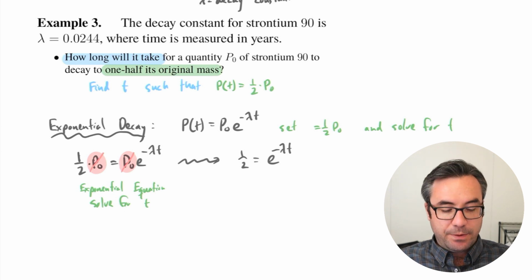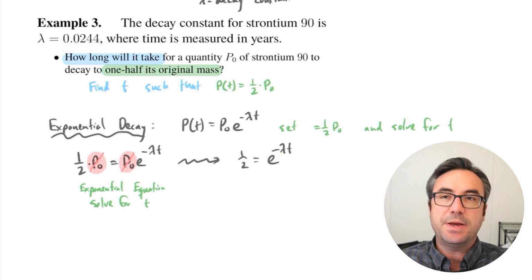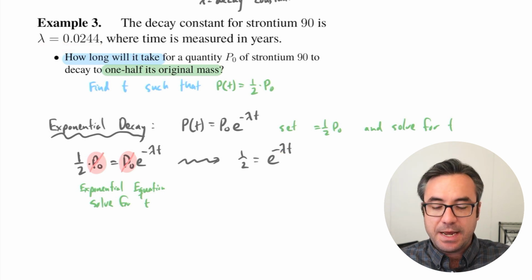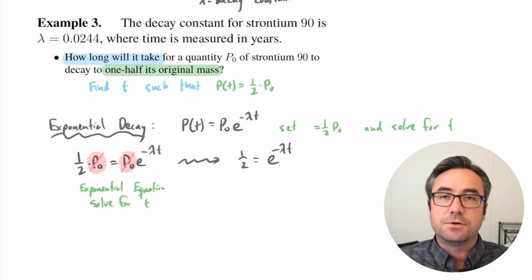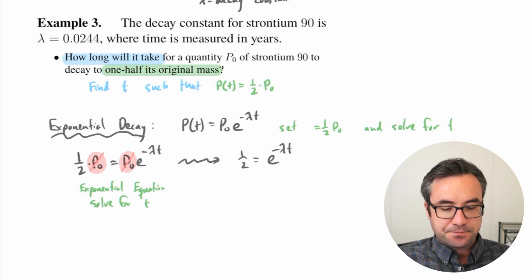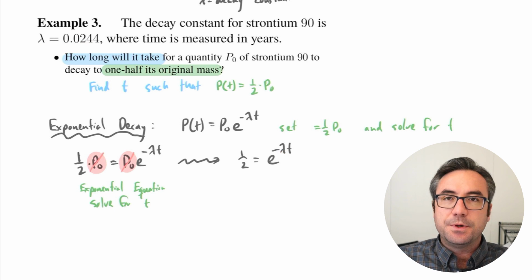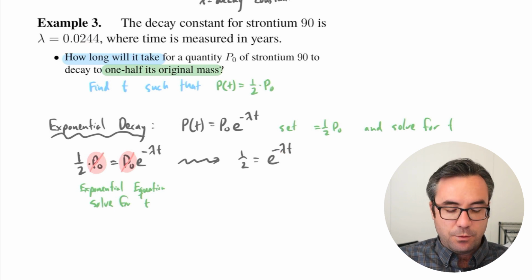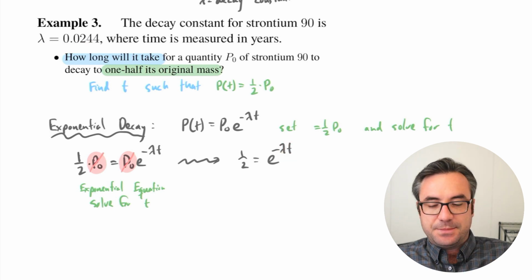And then from here, we know what lambda is based on the fact that we're dealing with strontium-90, and this is just a physical characteristic of that element. So we know lambda. What we don't know is t.